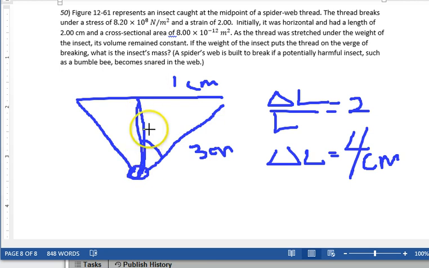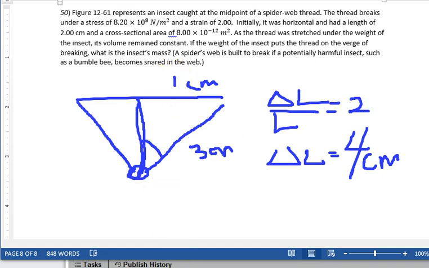And then that distance is the square root of 3 squared minus 1, so the square root of 8 is that distance right there. That was just the Pythagorean theorem.